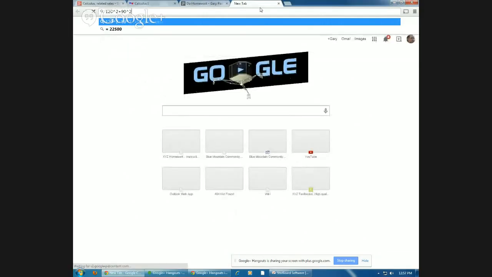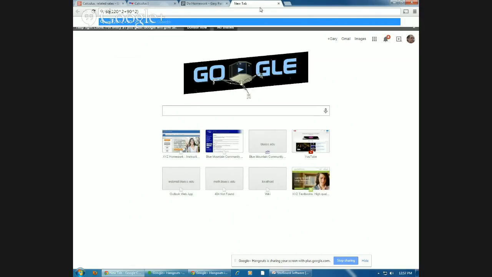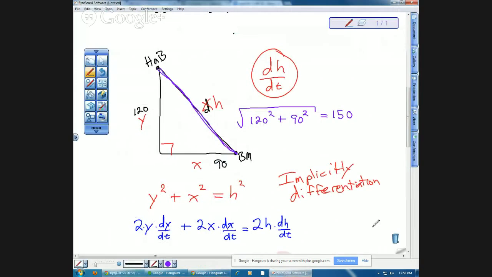Google says it is 22,500. And if we take the square root, anybody know how to make Google do a square root? Type SQRT, and Google will take the square root and say it is 150. Right on. Good job. So Google is my calculator when I don't have one immediately available, but I do have a web browser. All right, so 150 is correct.